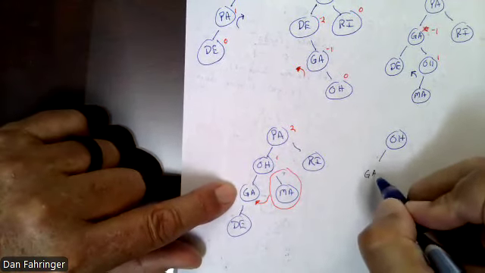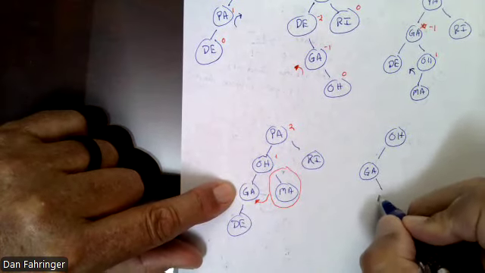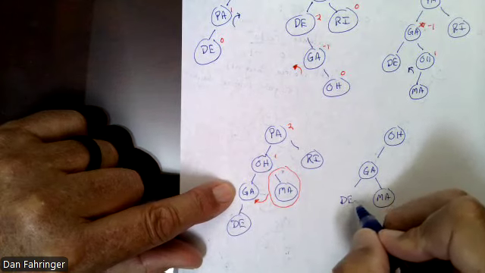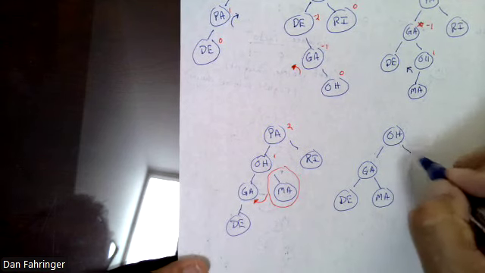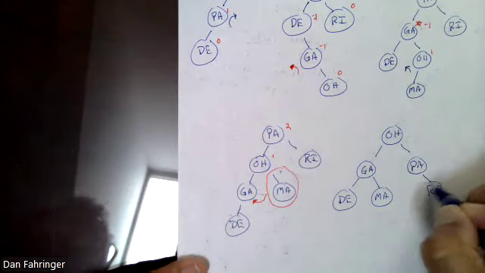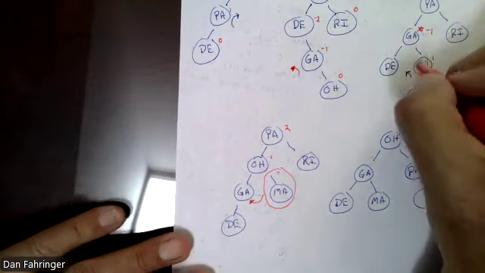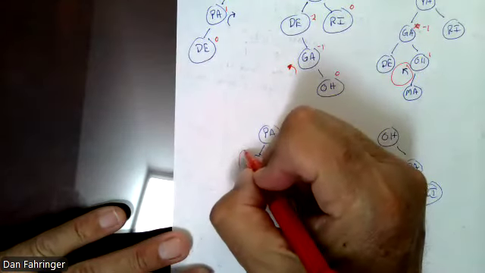This is still Georgia. This subtree attaches to the right. So there goes Massachusetts. Here comes Delaware. Over here is PA and Rhode Island. No, I had to do a left, right.